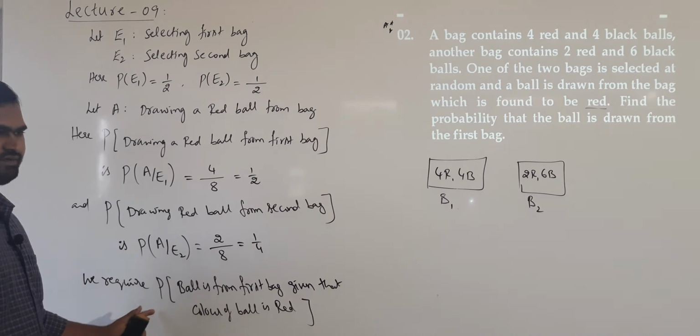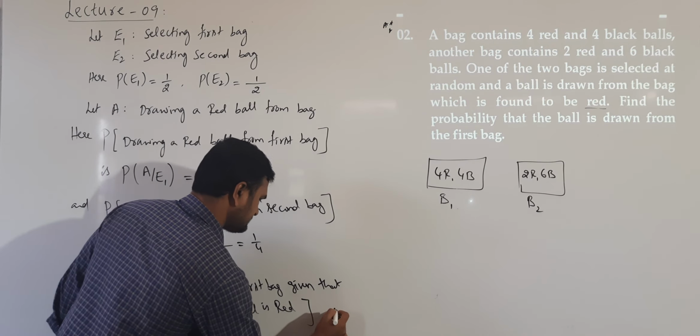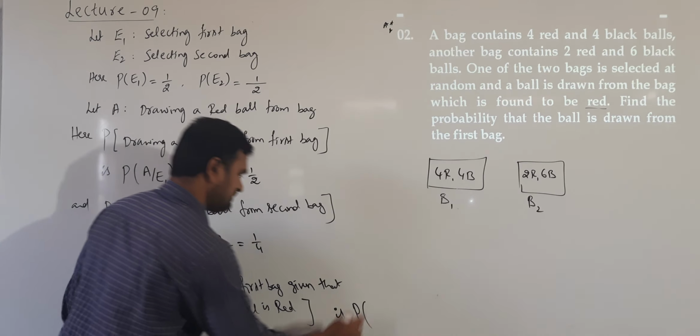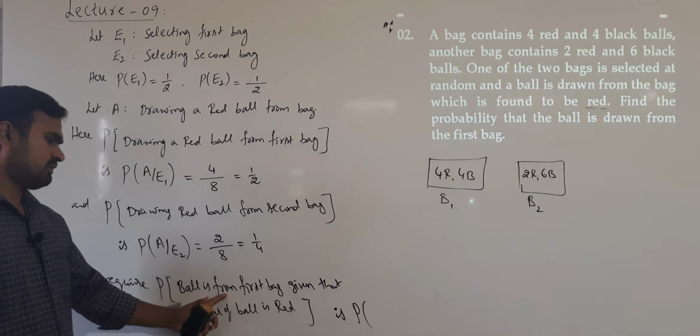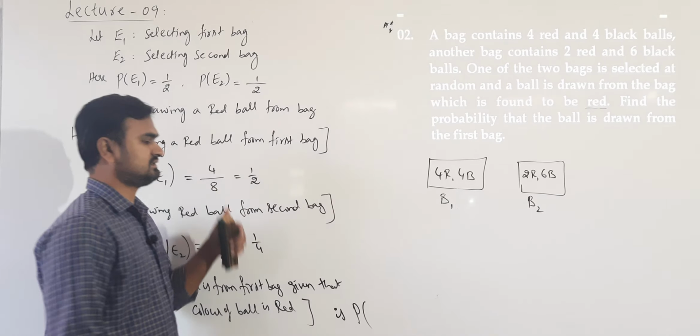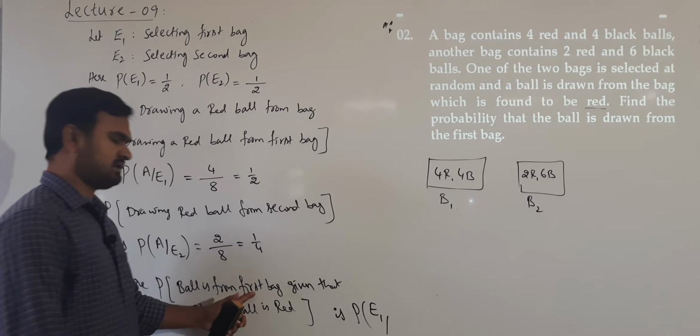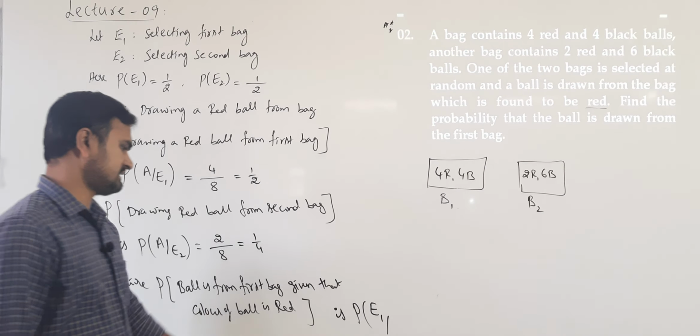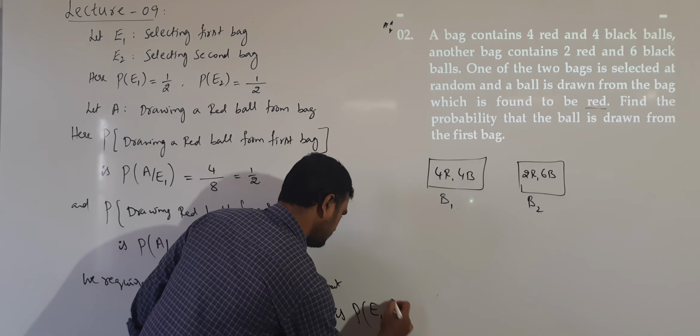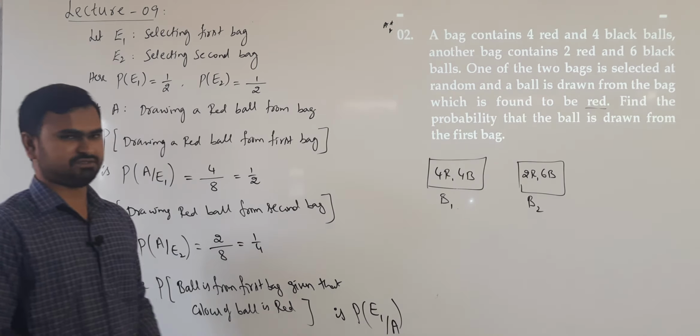So what we require is written as the probability that the ball drawn is from the first bag, it is E1, given that already we know that the color of the ball is red. So we require P of E1 given A.